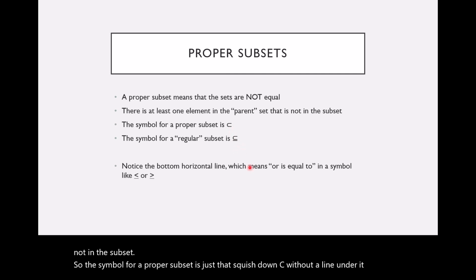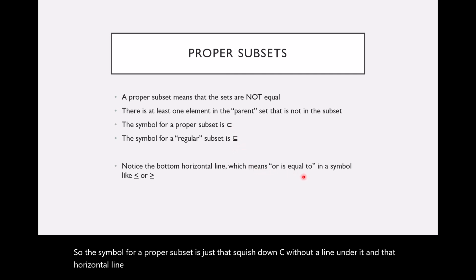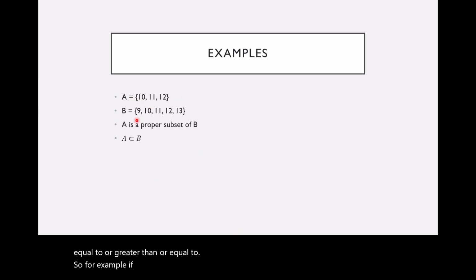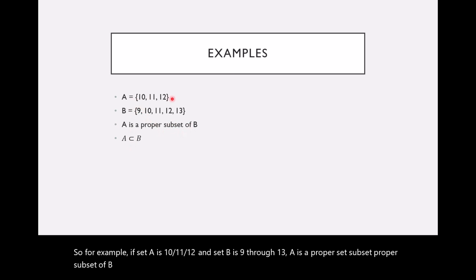And that horizontal line means basically or is equal to, just like it does in a symbol like less than or equal to, or greater than or equal to. So for example, if set A is 10, 11, 12, and set B is 9 through 13, A is a proper subset of B, because there's at least one element in B that is not also in A. So the sets aren't equal.